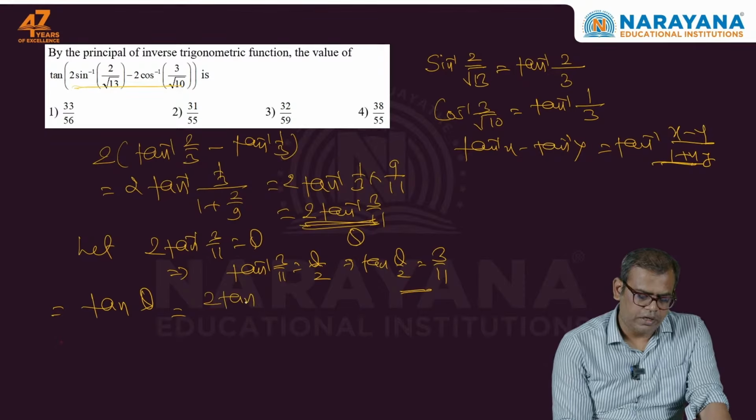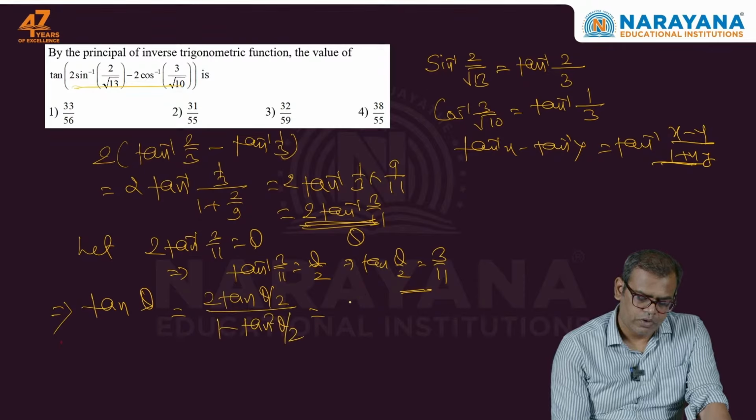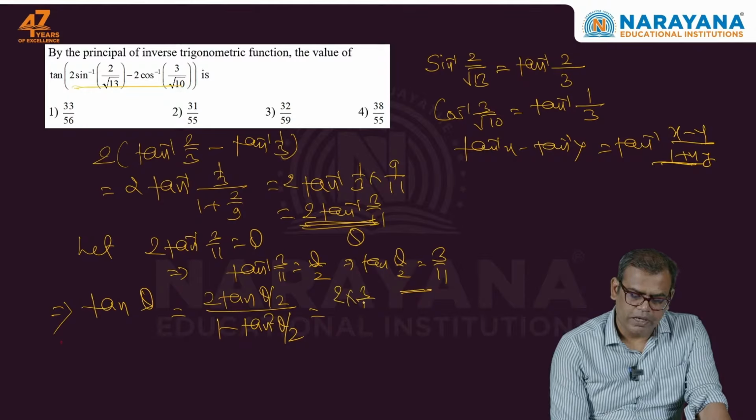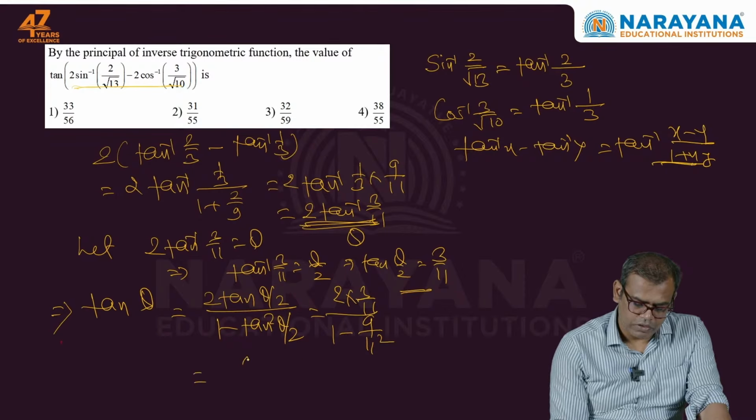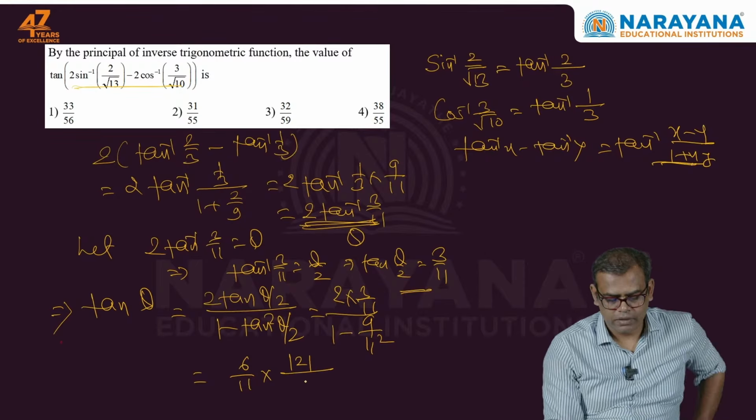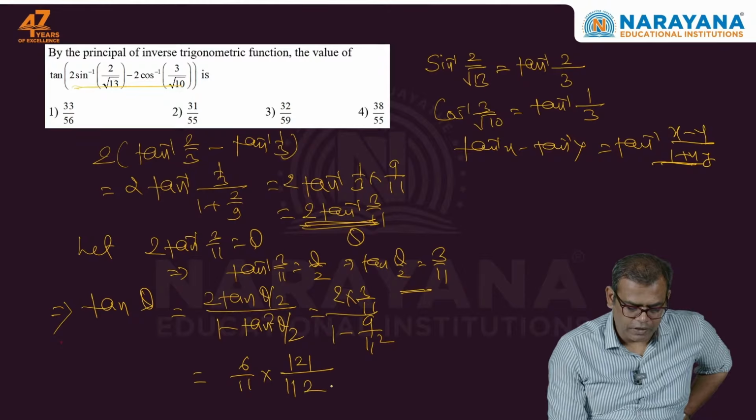So here tan theta is equal to 2 tan theta by 2 divided by 1 minus tan square theta by 2. So 2 into 3 by 11, minus 1 by 9 by 11 square. Simplify now: 6 by 11 into 11 square 121, and 121 minus 9 is 112.